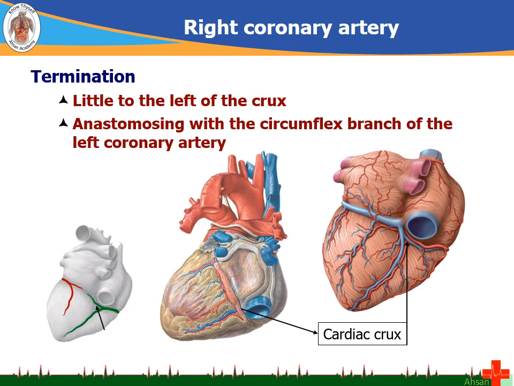Here this anastomosis is very insufficient in nature. And see, this is the circumflex branch, and with this circumflex branch this right coronary artery makes an anastomosis.